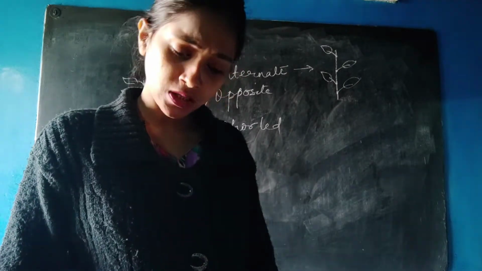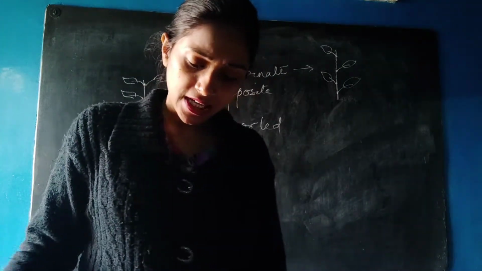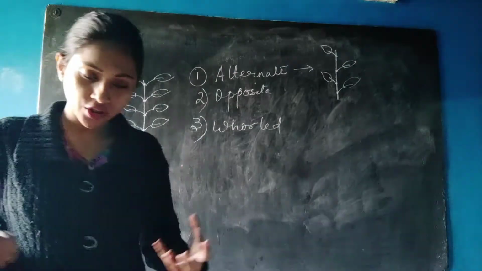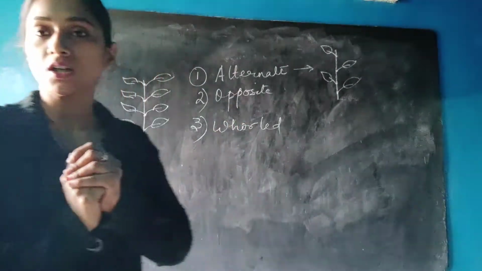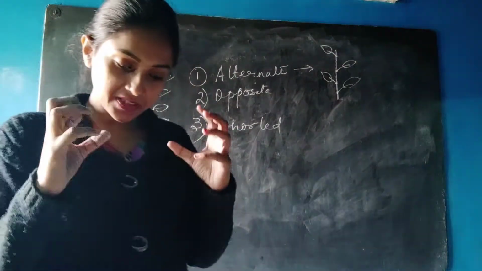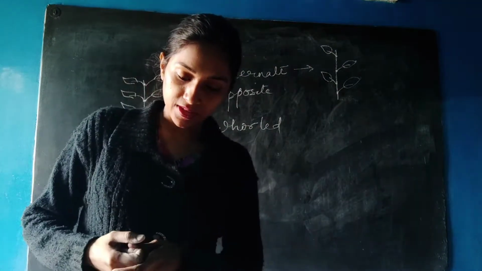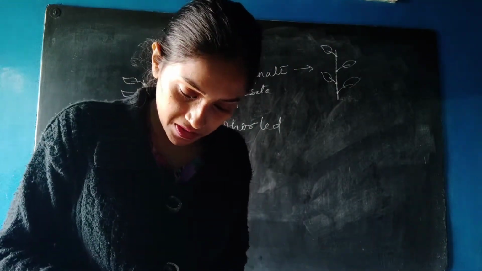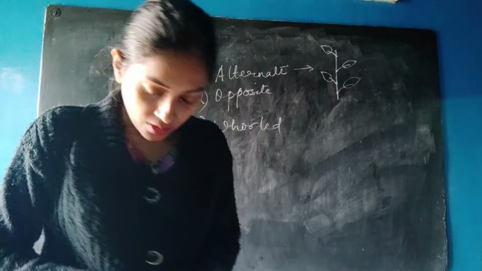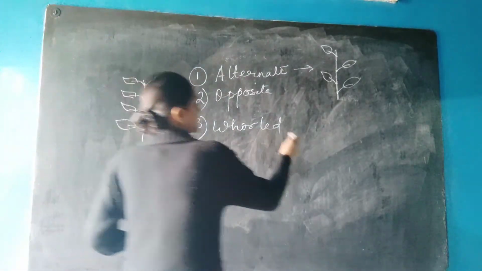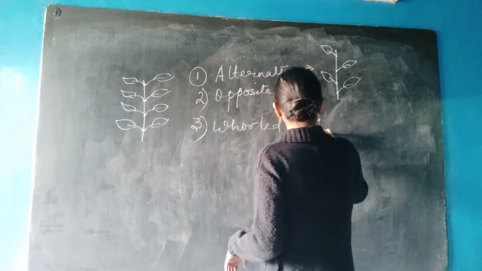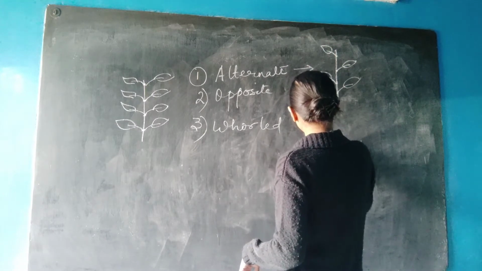Now coming to the whorl arrangement. In this type of arrangement, a set of 3 or more leaves grows from the same node. That means a circle like appearance it gives. Examples are nerium, devil tree. Similarly, suppose 3 nodes I am giving.